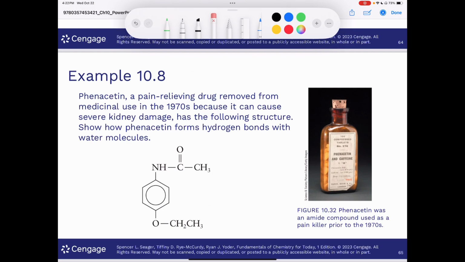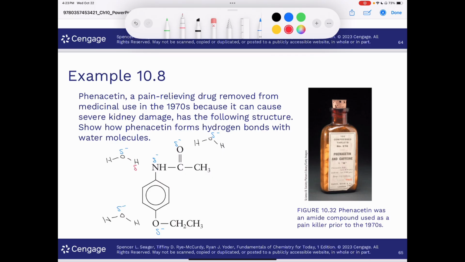And so they're asking us to show how phenacetin can form hydrogen bonds with water molecules. Well, there's a number of ways you could answer this question, but we could draw a water molecule here, another water molecule here, and another here, like that, right? Because we know that the nitrogen is delta negative, and all these oxygens are delta negative.